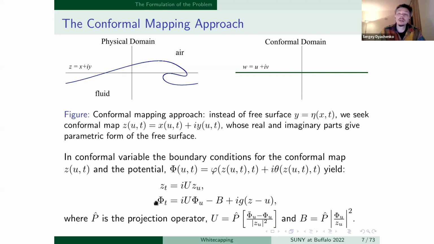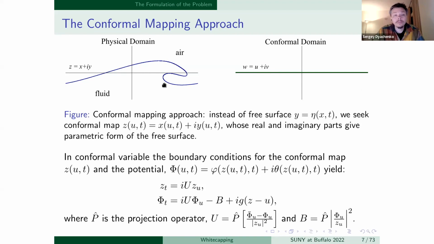The idea is that you take an auxiliary plane, the conformal domain, which you parameterize by the variable w, u plus iv, and you make a conformal mapping from the lower complex plane on the right to the domain of the fluid on the left.